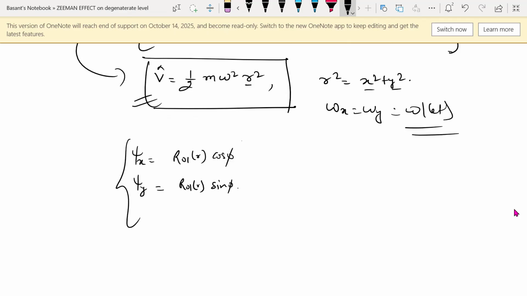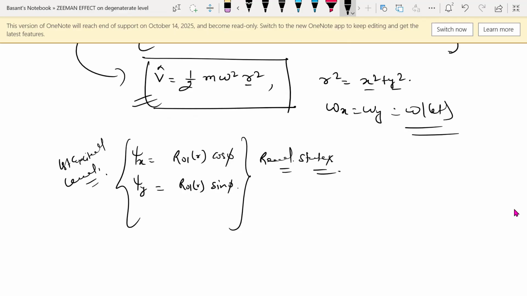These are the states of the first excited level. These states are real states.